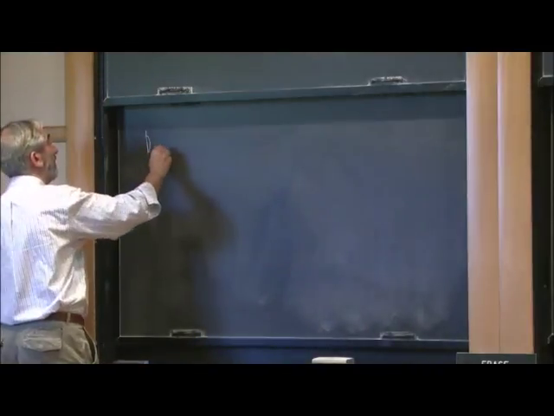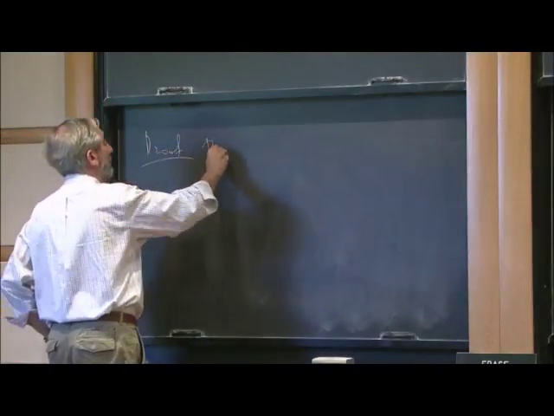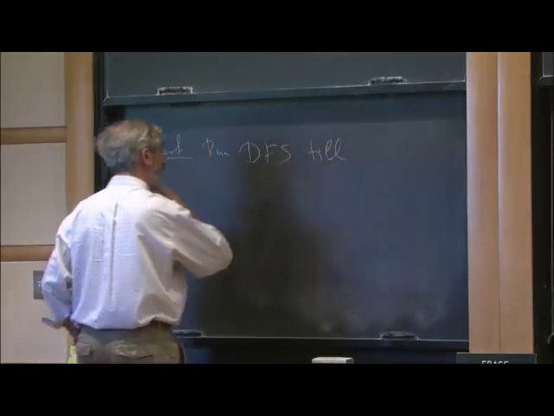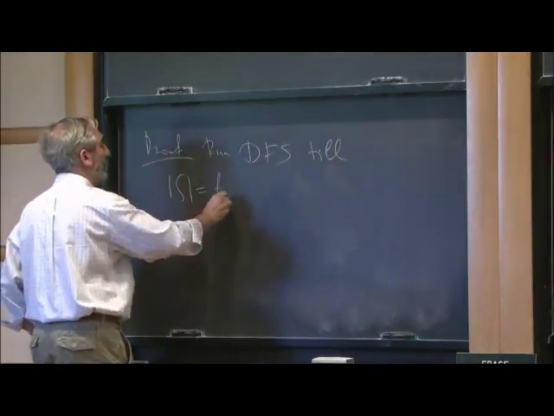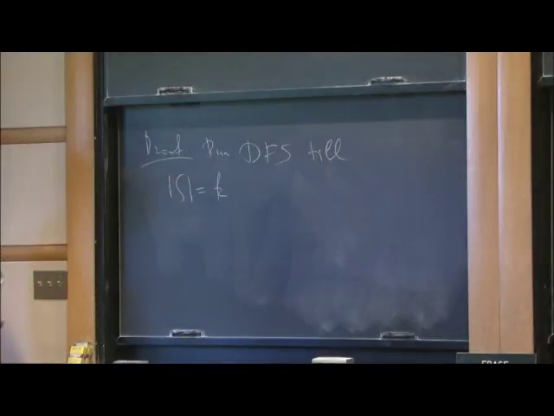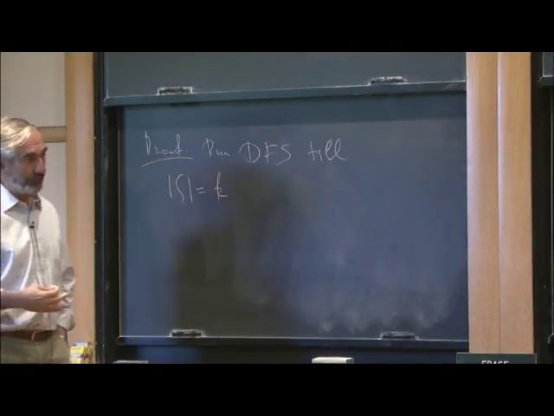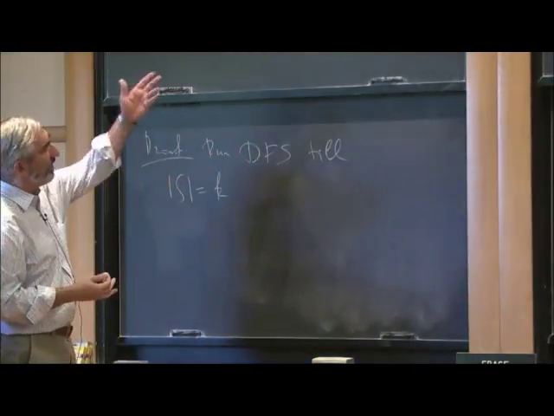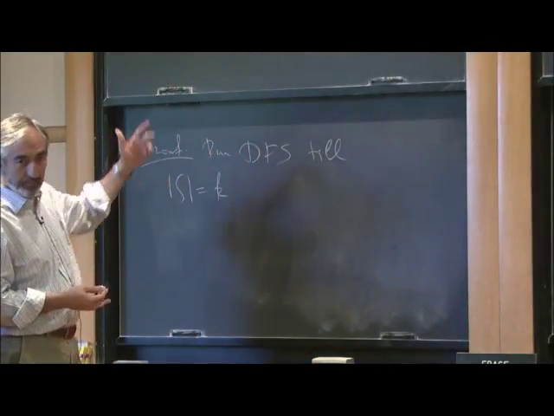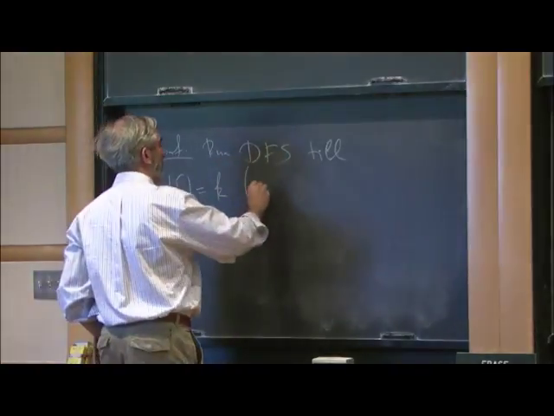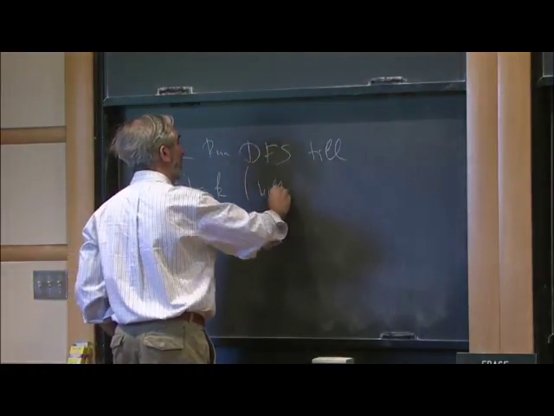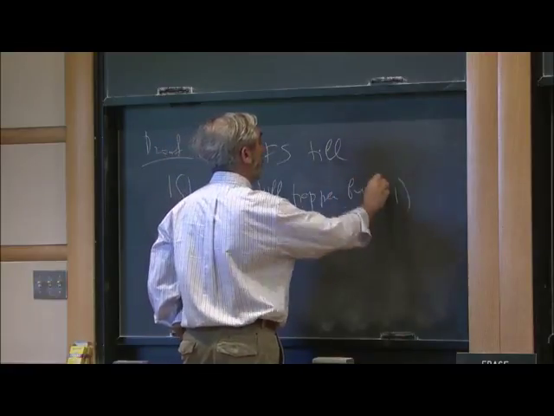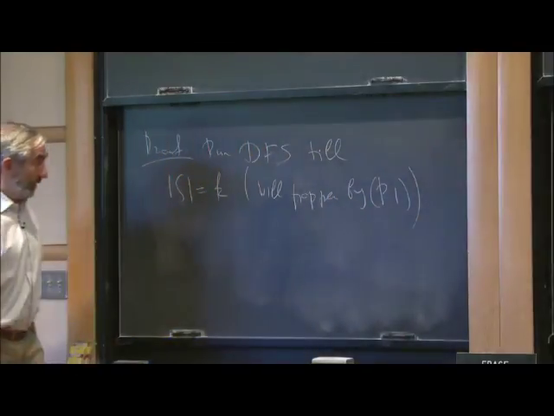Proof. So we run DFS, and we run DFS till the size of S becomes exactly k. Now, there will be such a moment because we move vertices one by one, and by property P1, at some point of time, let's assume that k is less than the number of vertices, it will happen. Now, what do we know?